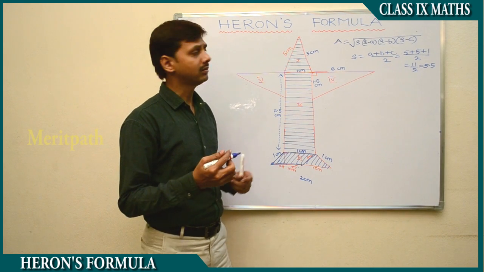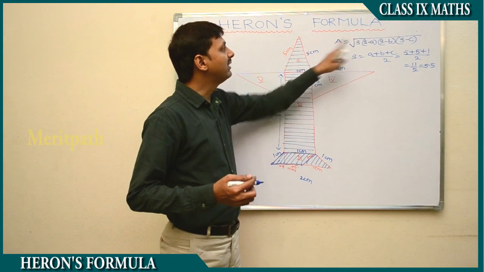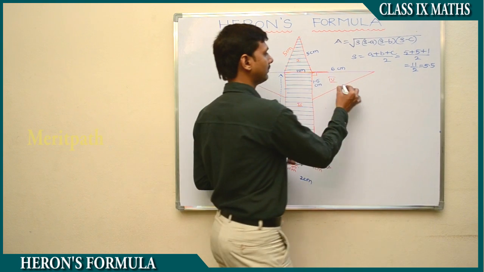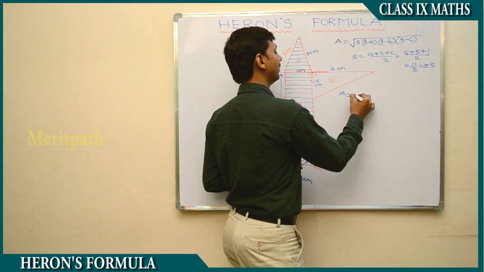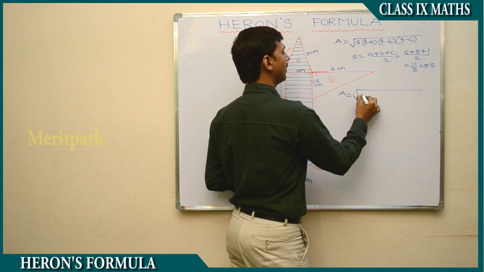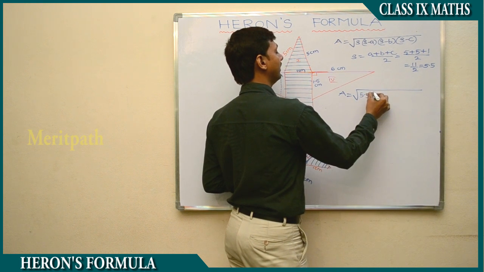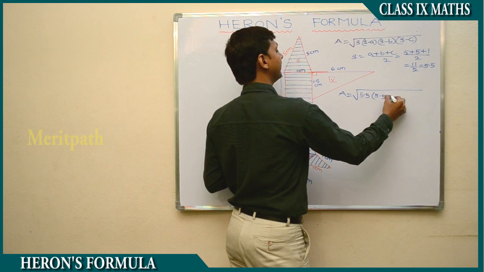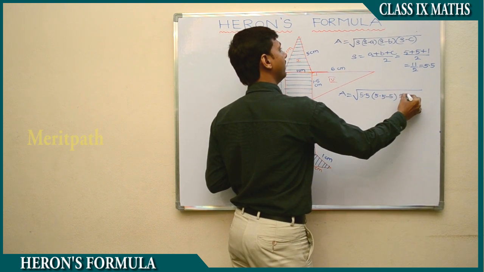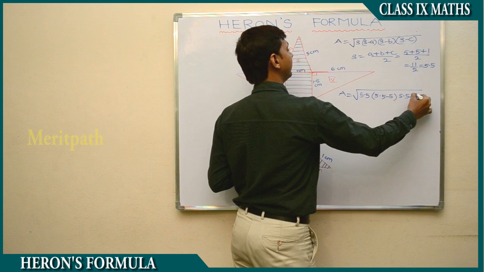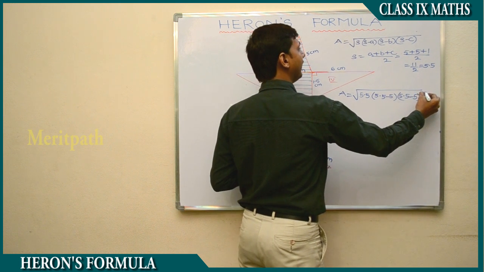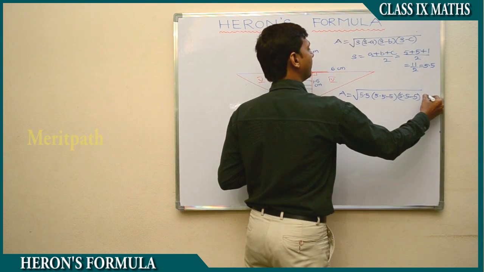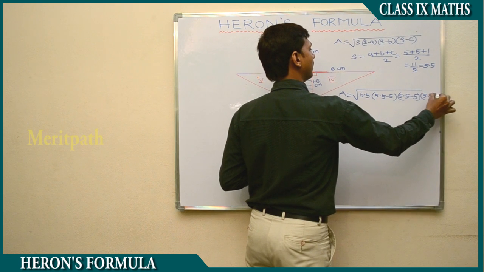Let's substitute this S and the A, B, C values in the formula. So we get A is equal to the square root of S, which is 5.5, into 5.5 minus A, which is 5 centimeters, 5.5 minus B, which is 5 centimeters again, and 5.5 minus 1.